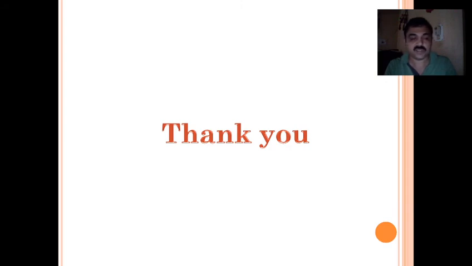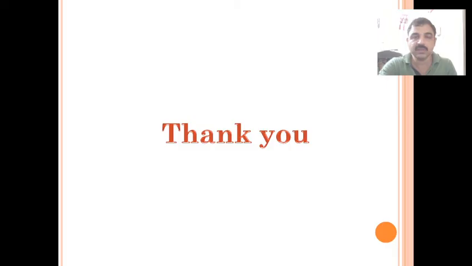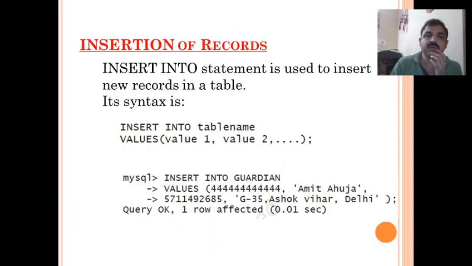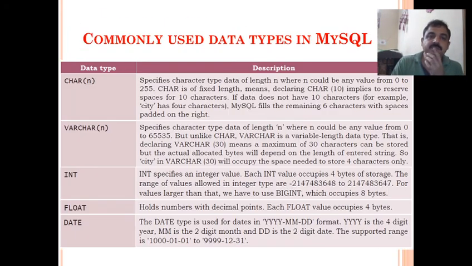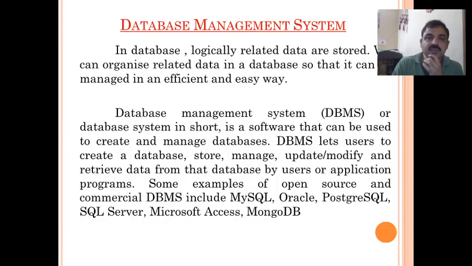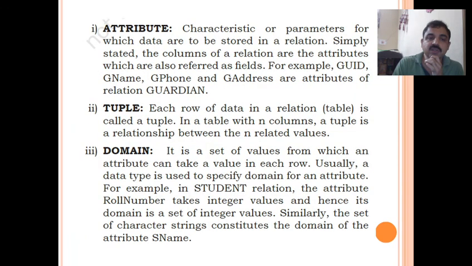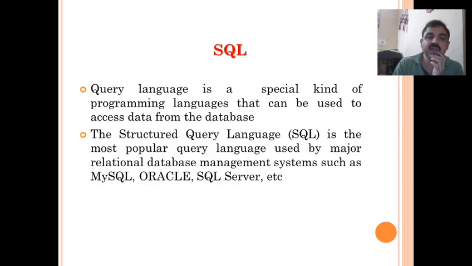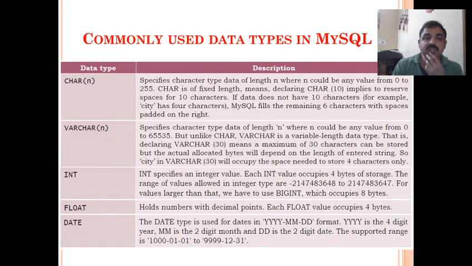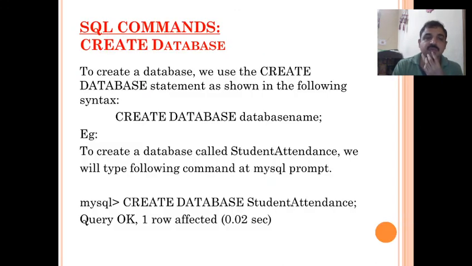So we saw the basic SQL commands today. We started with the database and the terms related to database. What is attribute, what is relation, tuple, domain, degree and cardinality. Then what is SQL and what are the platforms where we use SQL, then the data types used in SQL.